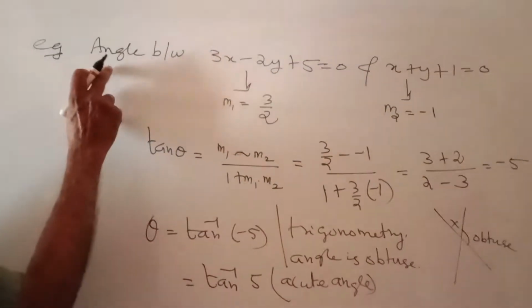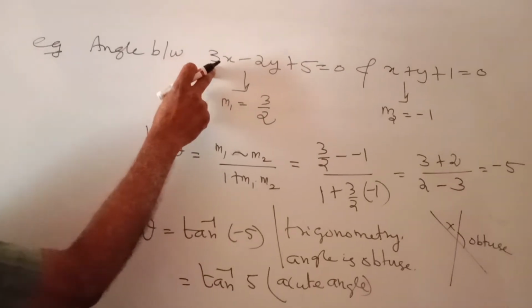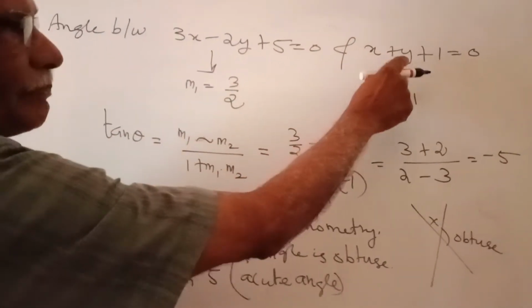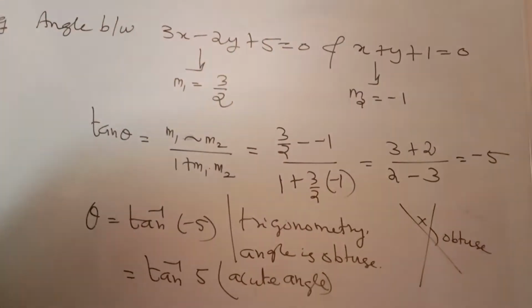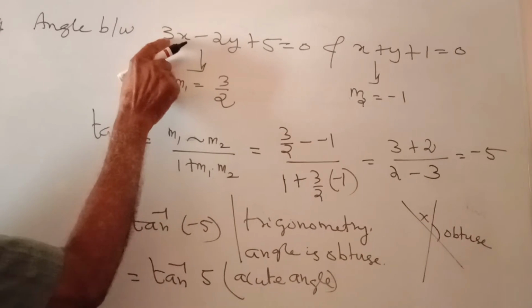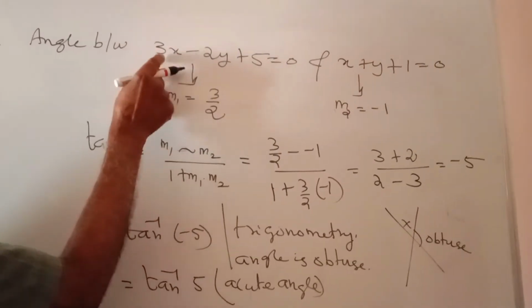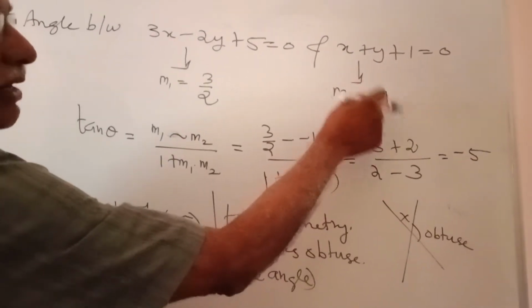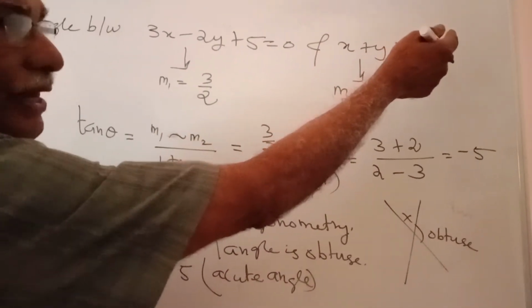We consider the angle between 3x minus 2y plus 5 equal to 0 and x plus y plus 1 equal to 0. We apply slope. m1 is 3 by 2, actually it is minus 3 by minus 2. m2 is minus 1, since y equals minus of 1 into x.